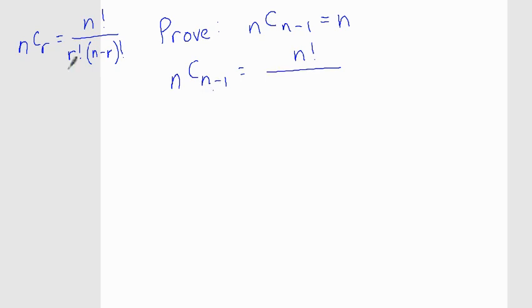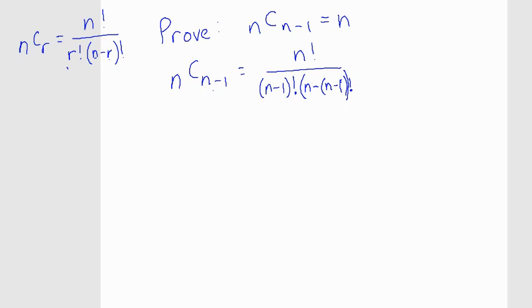So instead of r factorial here, I'm going to write n minus 1 factorial here. And then n minus r, again, r is n minus 1, so I'm going to write it as n minus, because it's a minus, I'm going to open up another parentheses, n minus 1 factorial. There we go. So this is just setting up the formula.